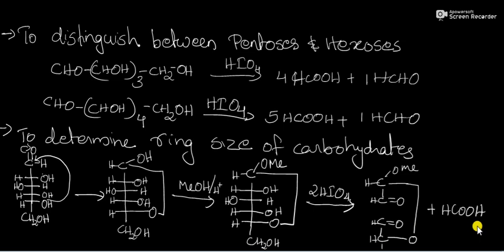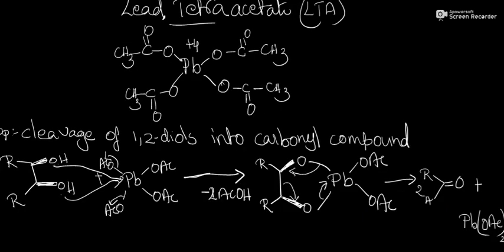So from this reaction we can determine the size of the ring. If the ring size is 6 in the case of carbohydrates, we get 1 mole of formic acid, whereas if the ring size is 5, we get no carboxylic acids as products.